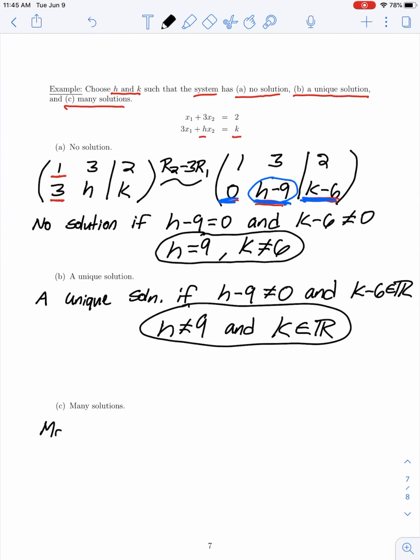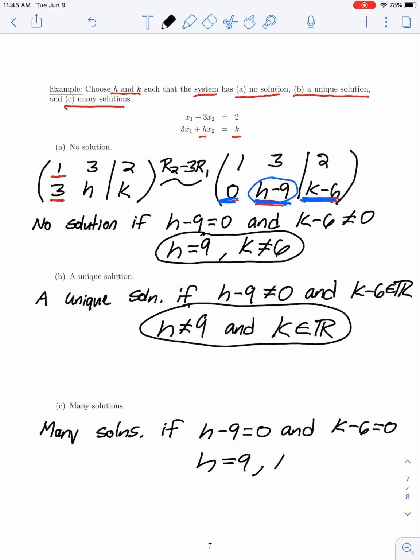So here we will have many solutions if h minus 9 is equal to 0 and k minus 6 is equal to 0. That is, if h is equal to 9 and k is equal to 6. So there's only one choice of my constants h and k which will give me infinitely many solutions.